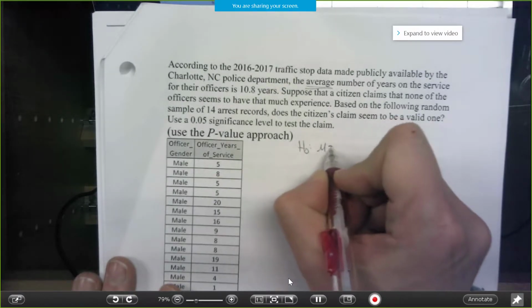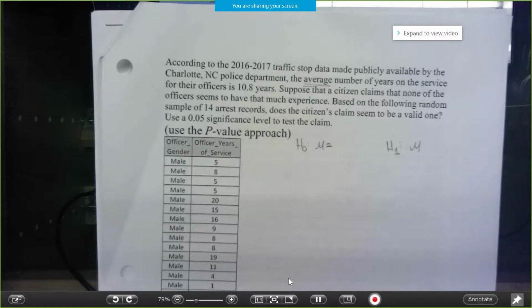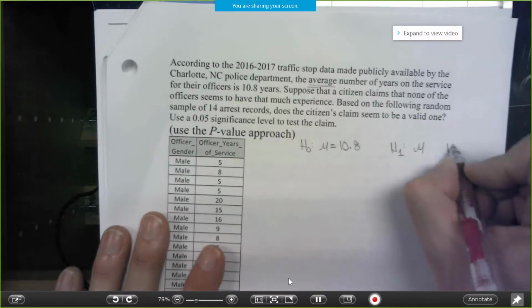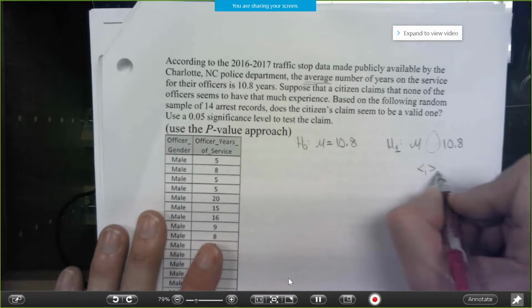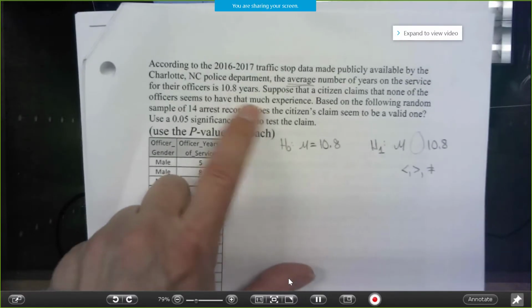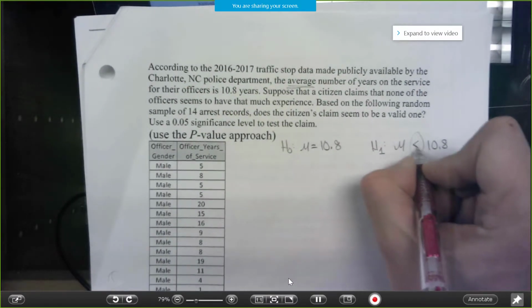So mu equals mu something. So for the null, what should it be? Mu equals what? 10.8. So I know I'm going to have 10.8 in my alternative. Should I do less than, greater than, not equal? Less than, because if they say they don't have that much experience, that means we think they've been on the force for less than that amount.